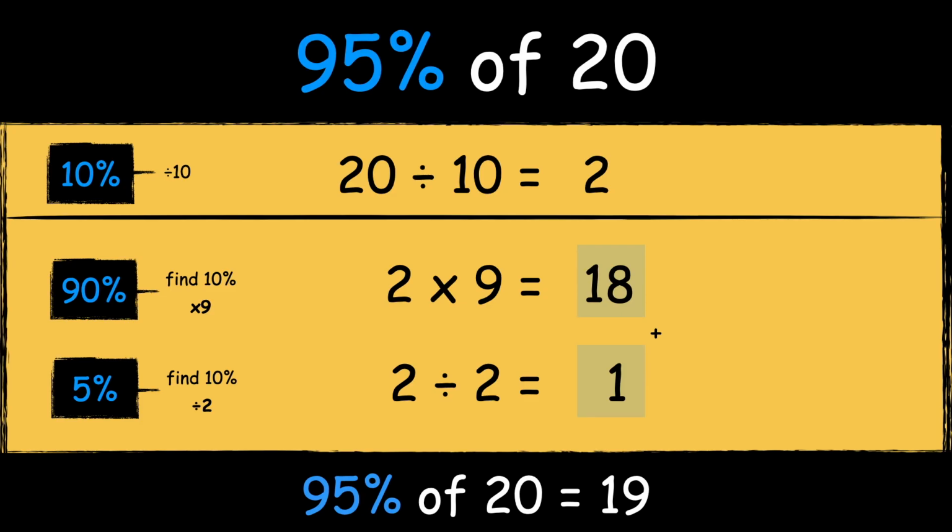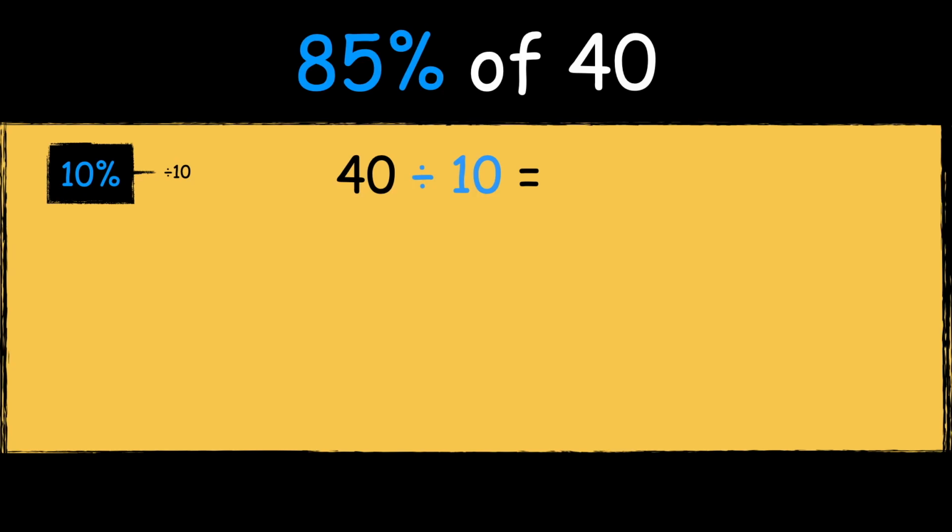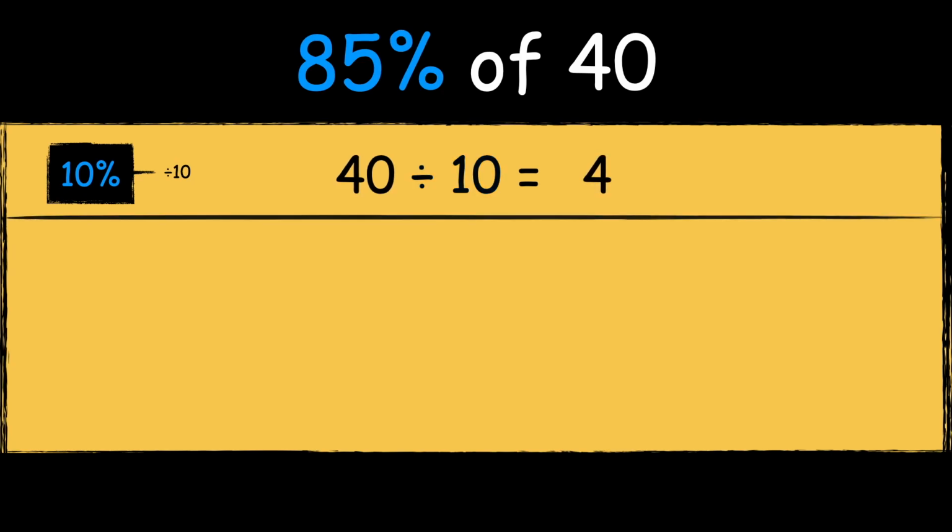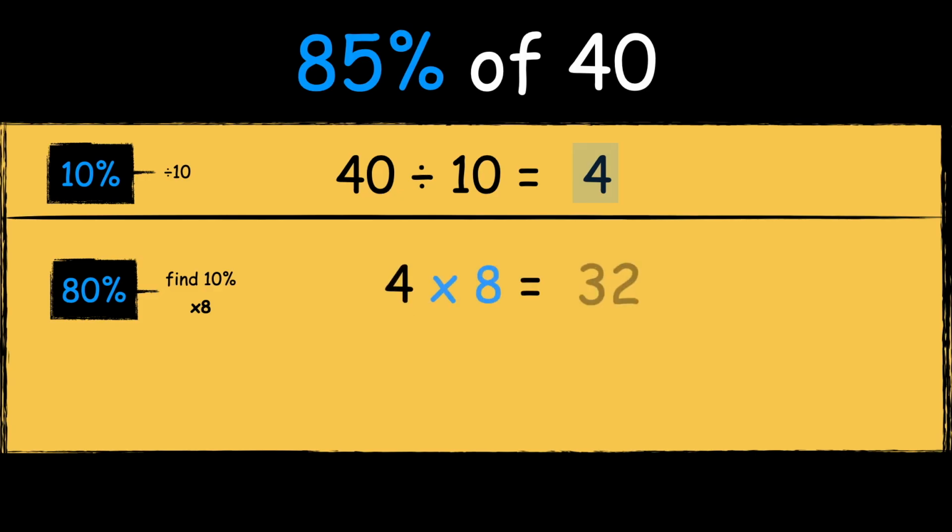Here's the last example, 85% of 40. First, we work out 10% of the number by dividing it by 10. 40 divided by 10 is 4. So to work out 80% of 40, we need to multiply the 10% answer by 8. 4 times 8 is 32.